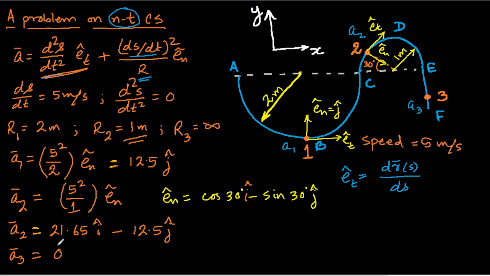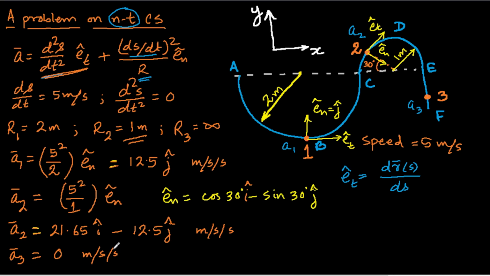So we can write the units everywhere. This is meter per second per second, this again is meter per second, and this is meter per second per second.